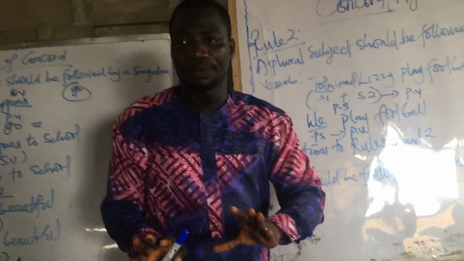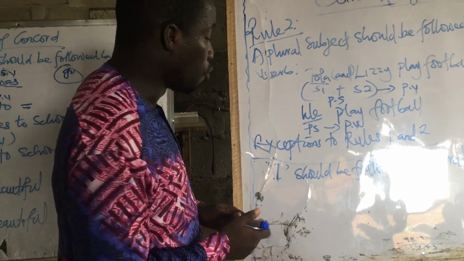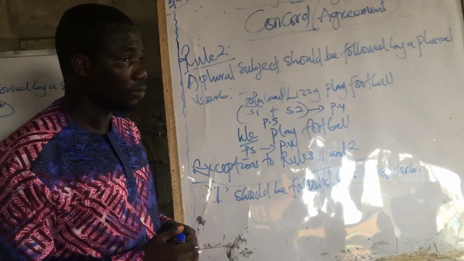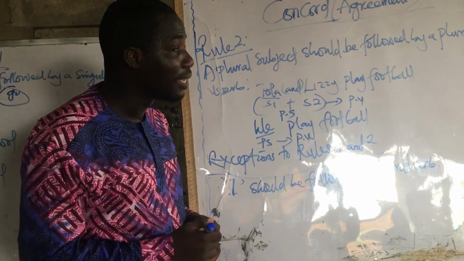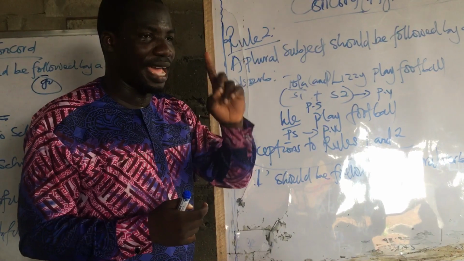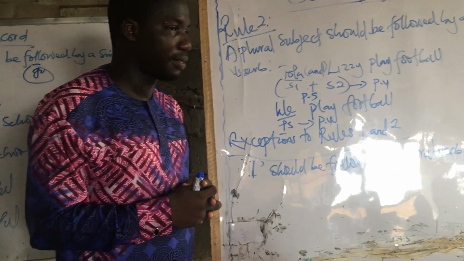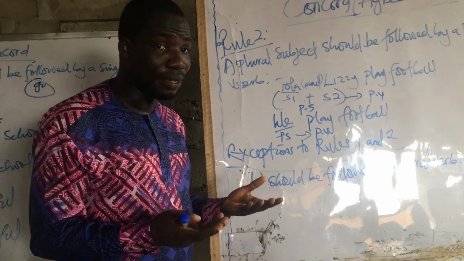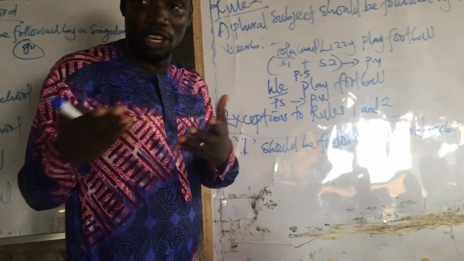A plural verb. Example. Elizabeth, an example. An example of I being used in a sentence. That's the objective case of I. It becomes me in the objective case.